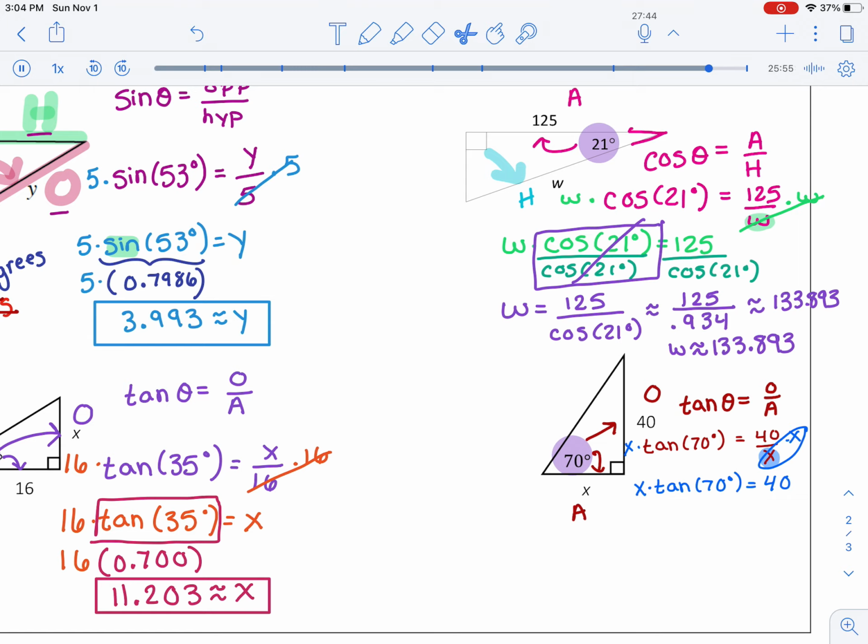But we need X by itself. So I'm going to divide by the tangent of 70 degrees, which will make my tangent of 70 degrees divided by the tangent of 70 degrees create a 1. But if I do that on the left, I also need to do it on the right.